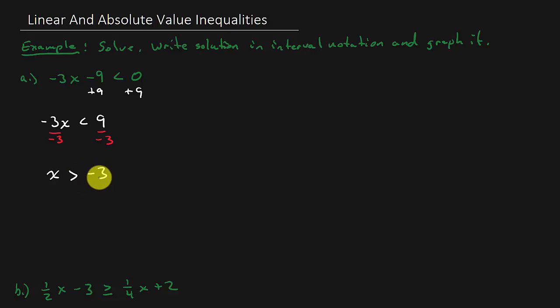Now, what they want us to do is graph our solution and write it in interval notation. Well, let's graph it first, because I think once you graph it, it makes it easier to write it in interval notation. So let's draw a number line here.